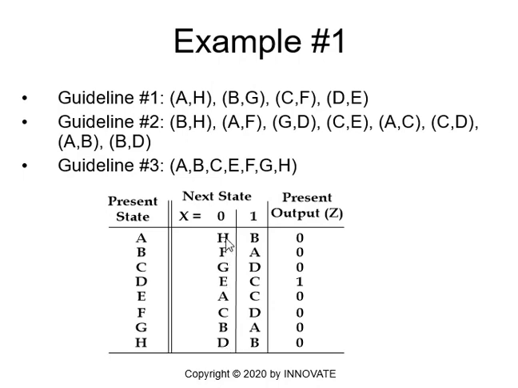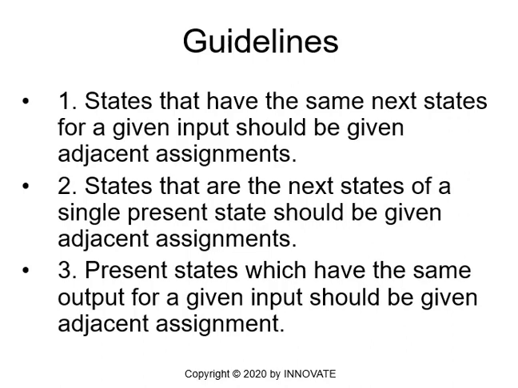So under x is 0, we don't really have the same next states. However, here we have B under x is 1. The next state for A is B, and the next state for H is also B. So A and H is the first set. Those are the states that have the same next state for a given input, which is x is 1.